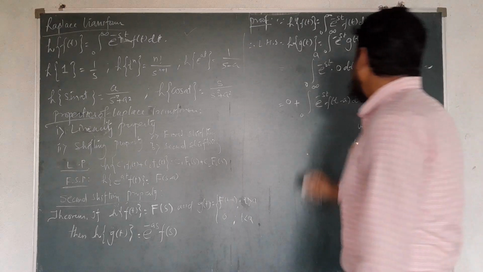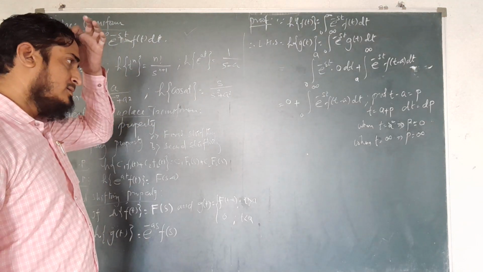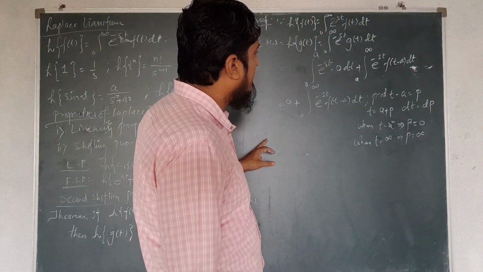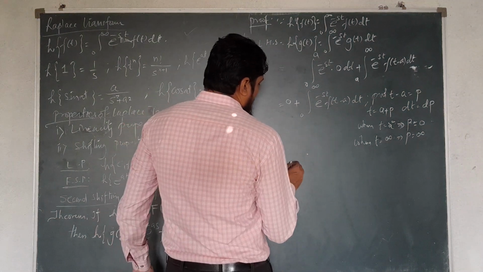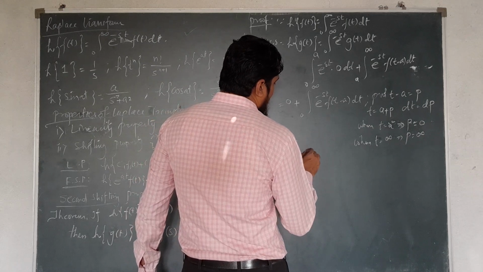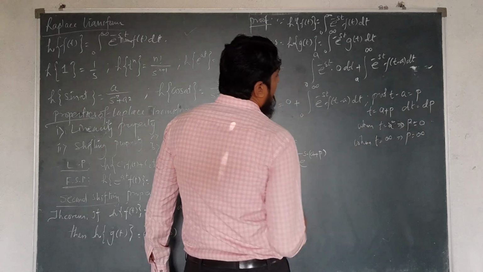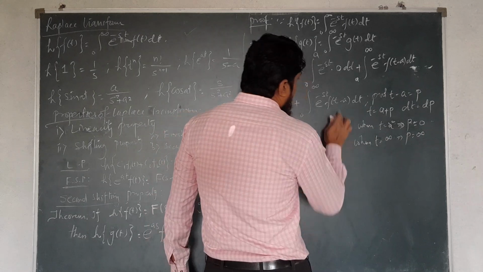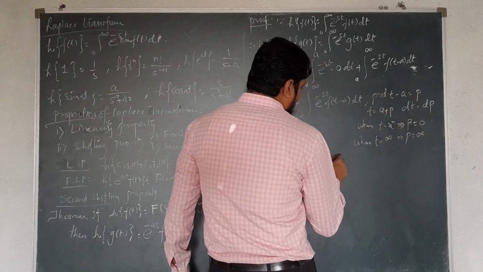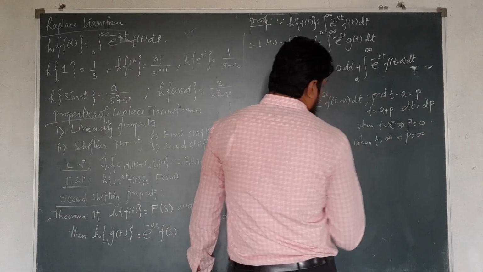So we can replace this equation as the integration from 0 to infinity of e raised to minus s, where t is replaced by a plus p, f of t minus a means f of p, and dt equals dp.